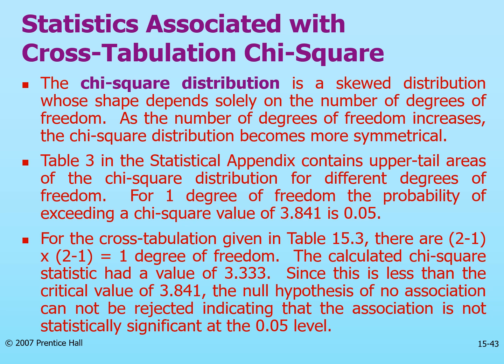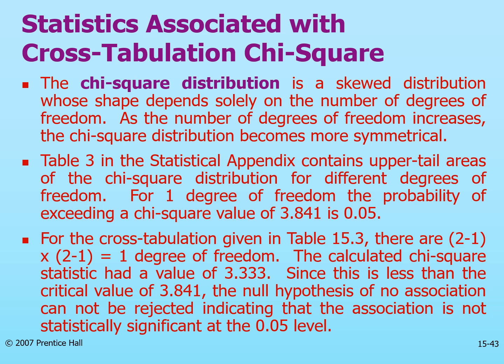Now Table 3 in the statistical appendix gives the chi-square distribution value, where you have to refer to 1 degree of freedom and a level of significance of 5%.